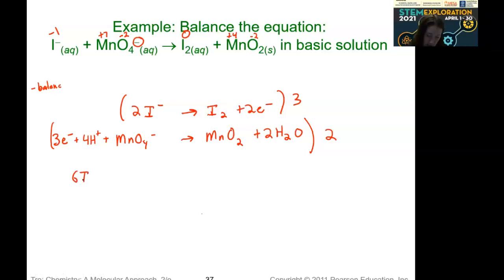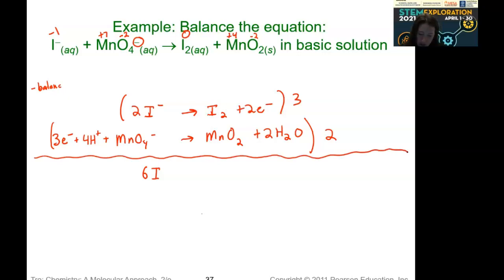So it's 6 I minuses. I'm going to try and keep this more symmetrical. 6 I minuses. Just want to make sure that we know that that's different. Goes to 3 I2s plus 6 electrons.